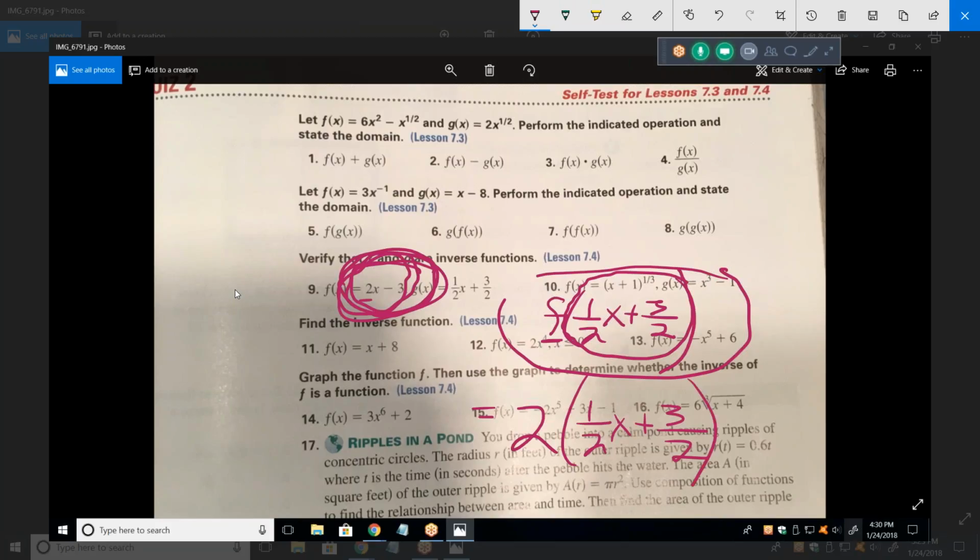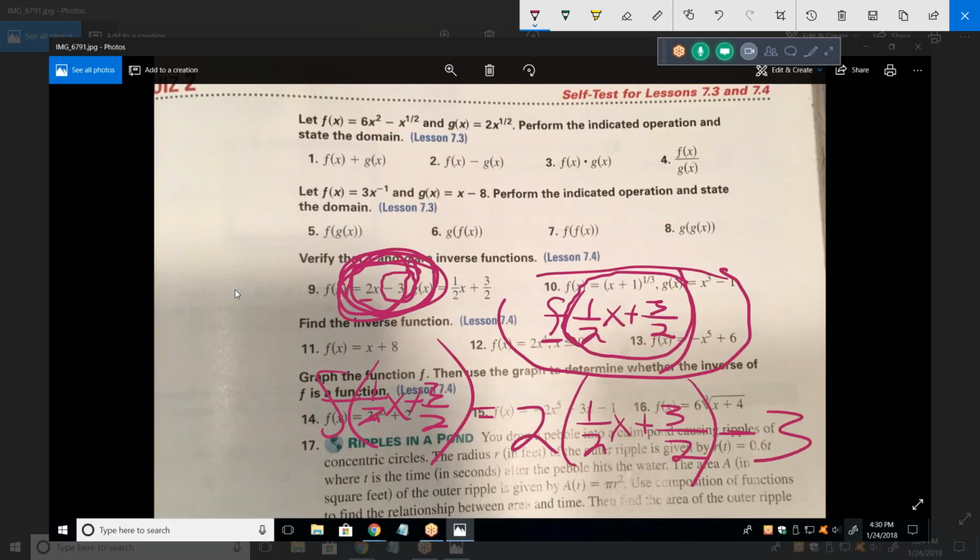Okay, so I've done the first part, but we still have this minus 3 up here. Now that is what f of 1/2 x plus 3 halves is equal to. You with me? Now, simplify that, and what do we get? Distribute the 2 to both terms.